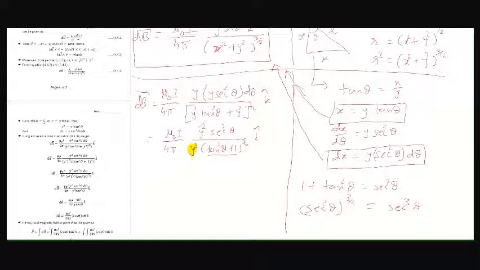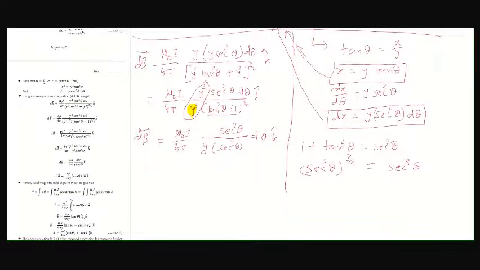And of course y square upon y cube, we can definitely simplify. So dB becomes mu 0 I by 4 pi, sec square theta upon y sec cube theta. Okay, d theta, I forgot d theta here, and k cap. So sec square theta upon sec cube theta, what will it get us? It will get us 1 by sec theta, and what is 1 by sec theta?